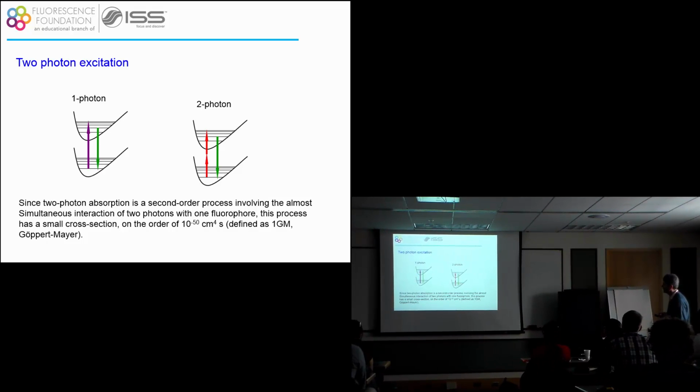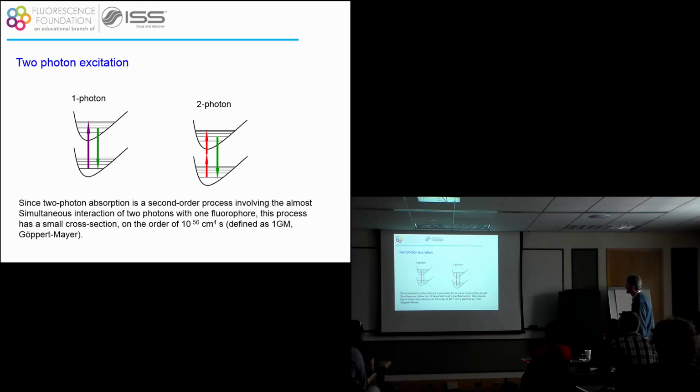So in other words, if here we need 1 photon of 400 nanometers to reach this level, we can reach the same level using 2 photons of 800 nanometers each. Why is that? Because the energy that is carried by a photon is proportional to the frequency, or inverse of the wavelength.